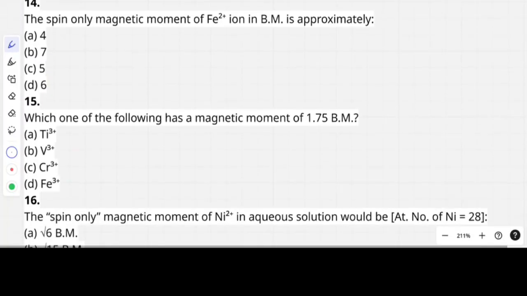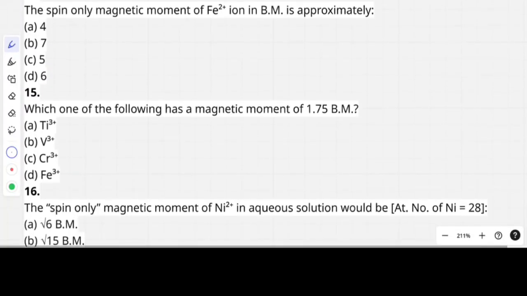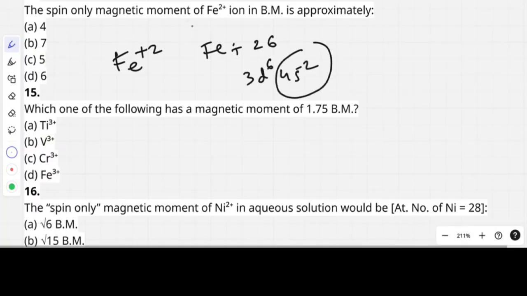The spin-only magnetic moment of Fe2+ ion. For Fe2+ ion, I am going to calculate n. Iron has atomic number 26, so it has configuration 3d6 4s2. For Fe2+, 2 electrons are removed, so 3d6.